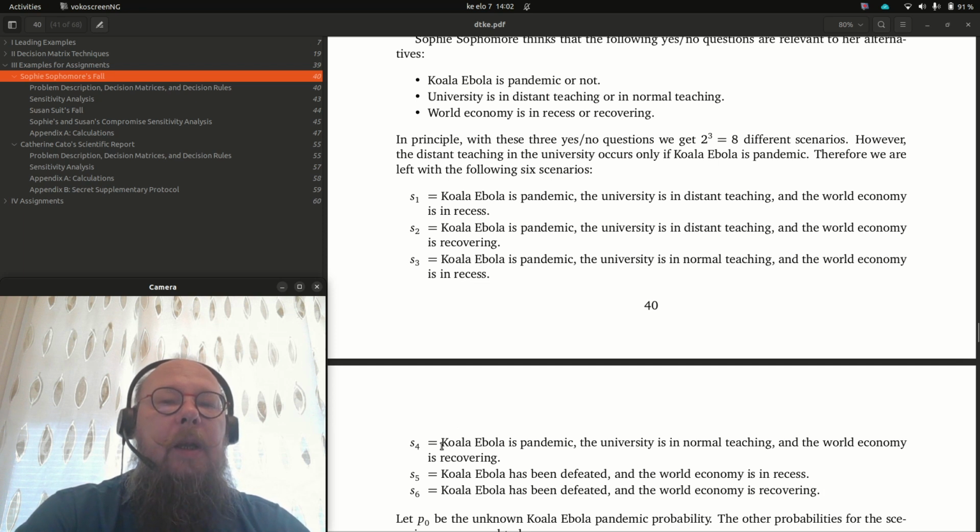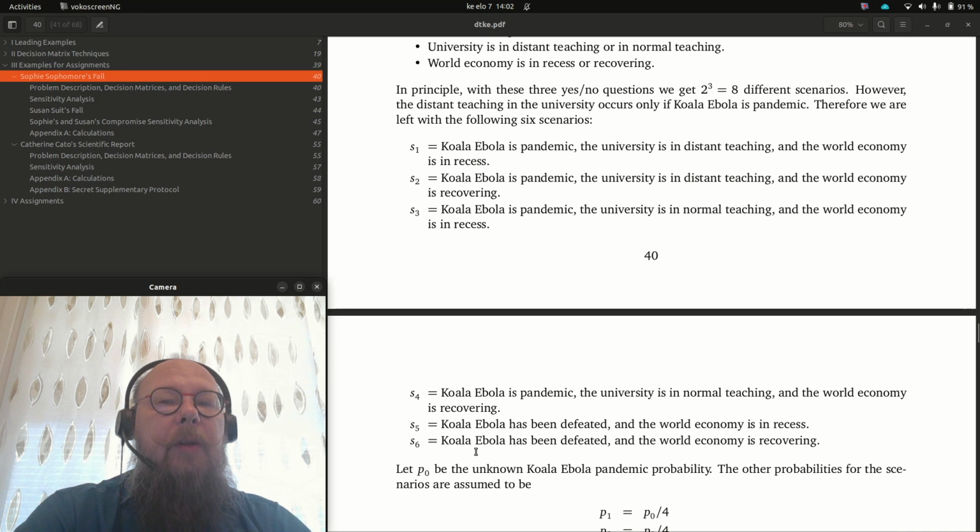And finally, S4, the final pandemic scenario: koala Ebola is pandemic, the university is in normal teaching, the world economy is recovering. And then there are finally 2 alternative scenarios where the koala Ebola has been defeated. S5: koala Ebola has been defeated and the world economy is in recess. And finally, S6: koala Ebola has been defeated and the world economy is recovering.